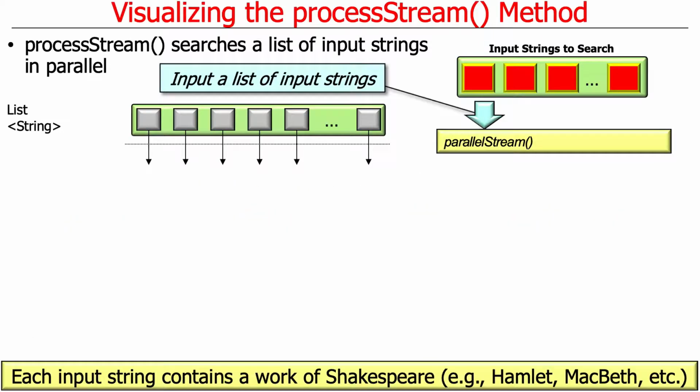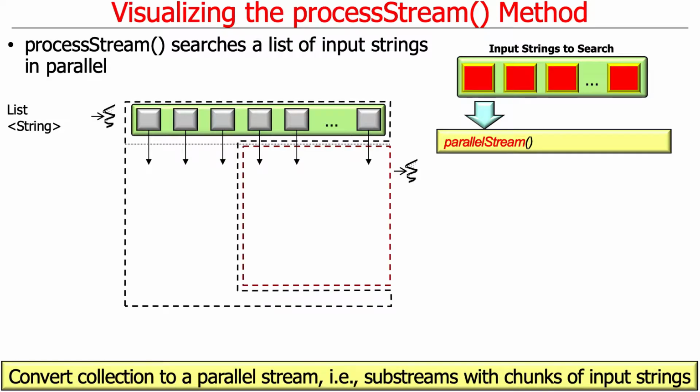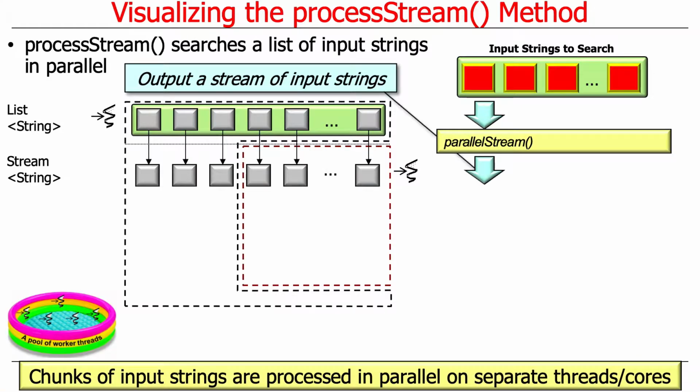So processStream searches the list of input strings in parallel. You give it a list of input strings, and the parallelStream method is called. Each of those input strings, of course, is going to be a different work of Shakespeare. We call parallelStream, and now this is going to feed into the parallel processing on these chunks.